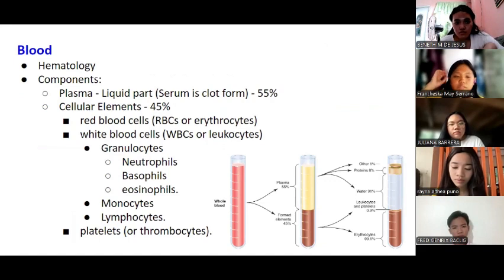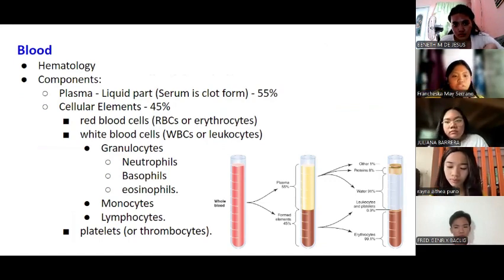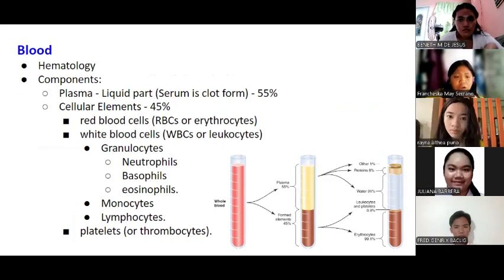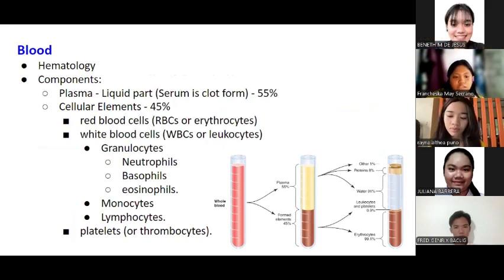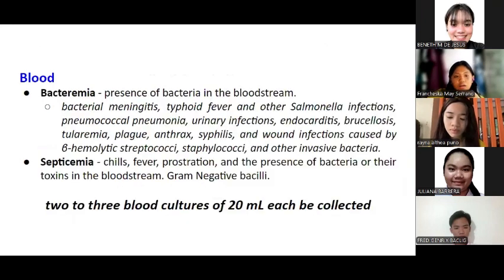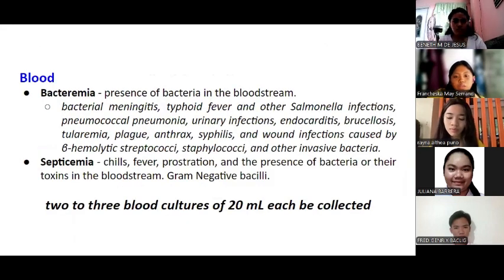Blood specimen is sent to the hematology department. Blood has components such as plasma and cellular elements. Under these are red blood cells, white blood cells, monocytes, and lymphocytes, and lastly, platelets. So in the blood, there's what we call bacteremia and septicemia.